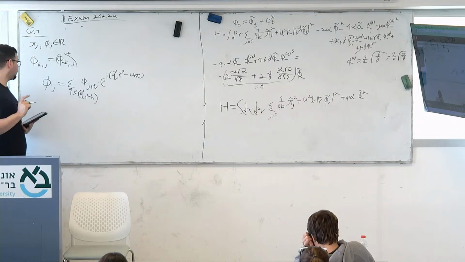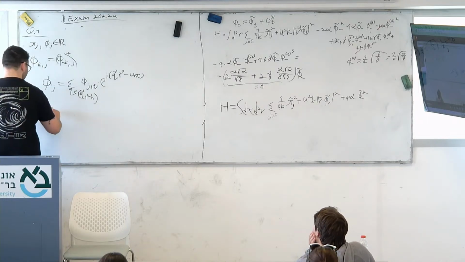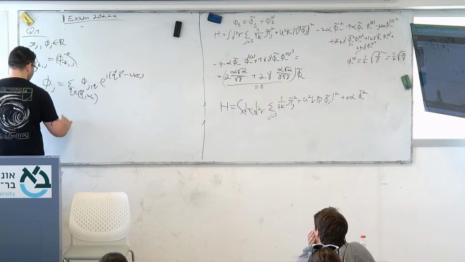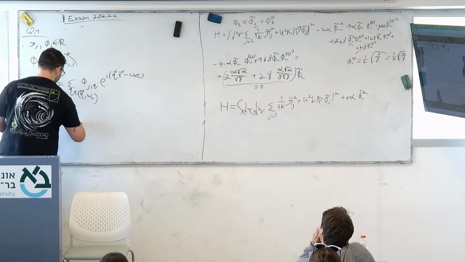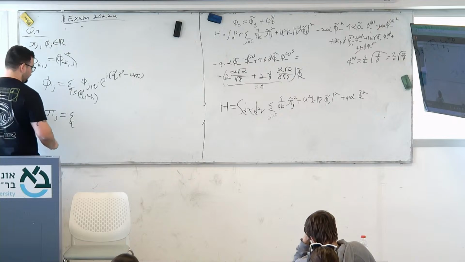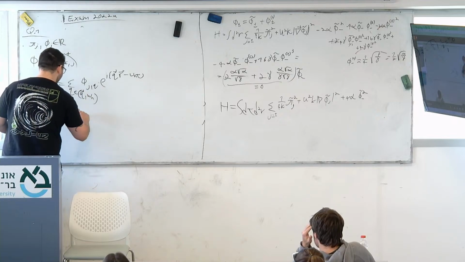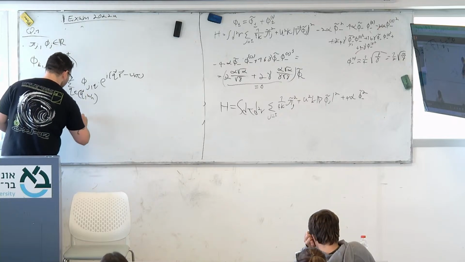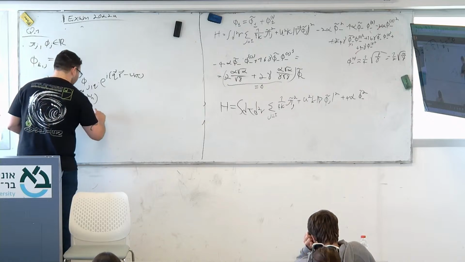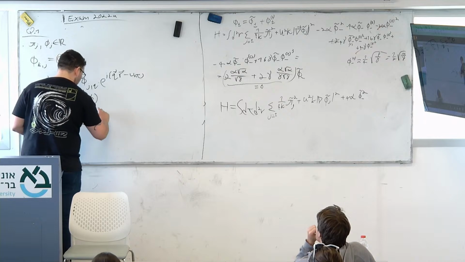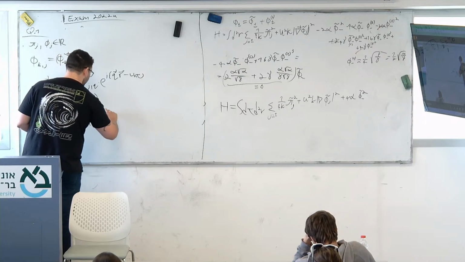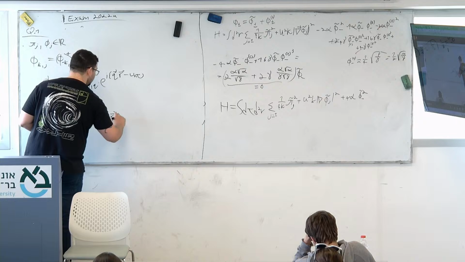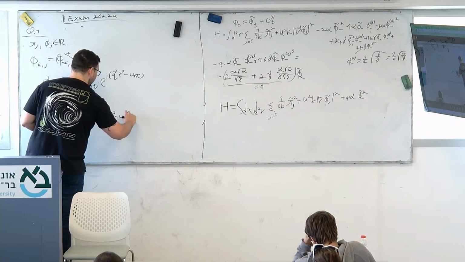And now you should also note, it's very important, that the transformation of pi_j, the conjugate momentum, the canonical momentum, equals pi_j(q) e^{-i(q·r - omega_n tau)}.